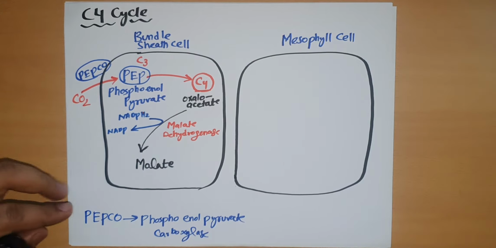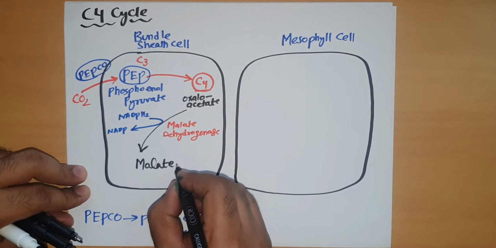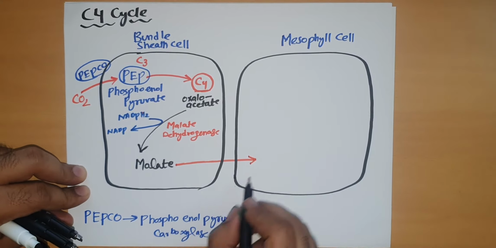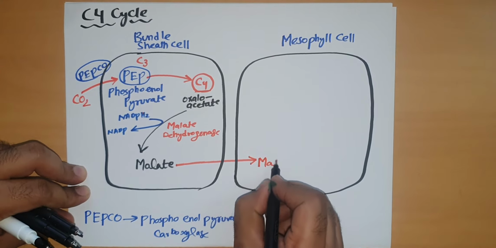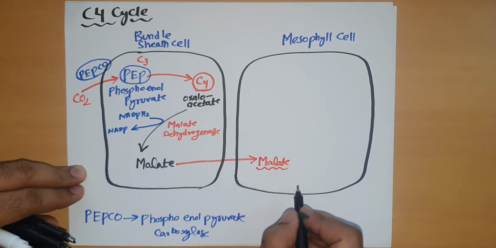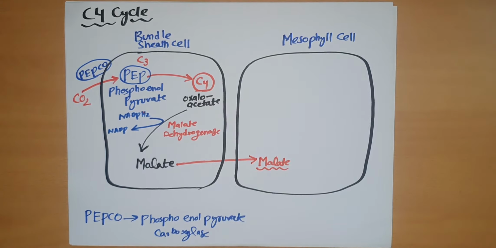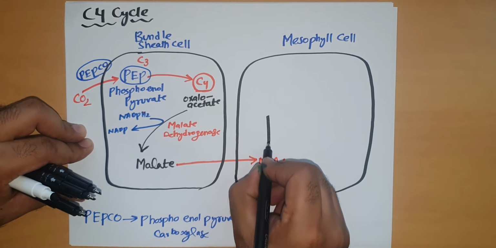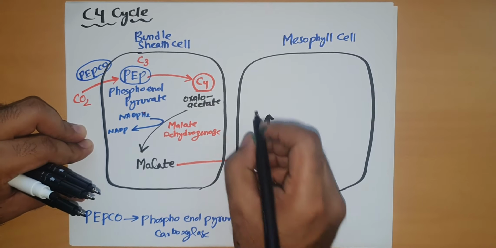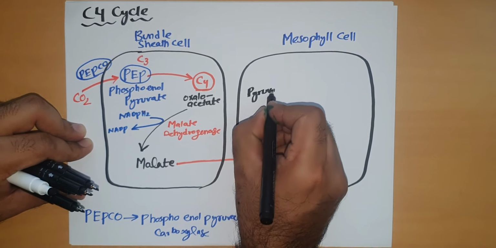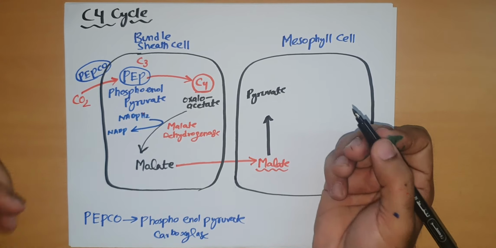In the next step, this malate is transported from the bundle sheath cells into the mesophyll cell. Now, in the next step, this malate is broken down into a 3 carbon compound which is called pyruvate.